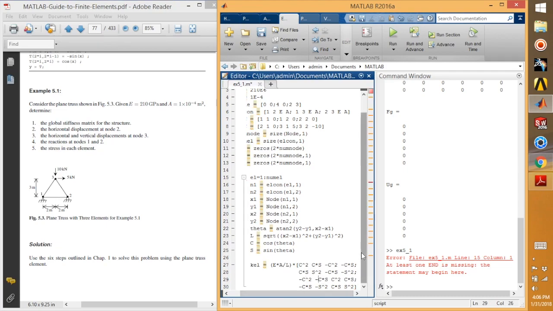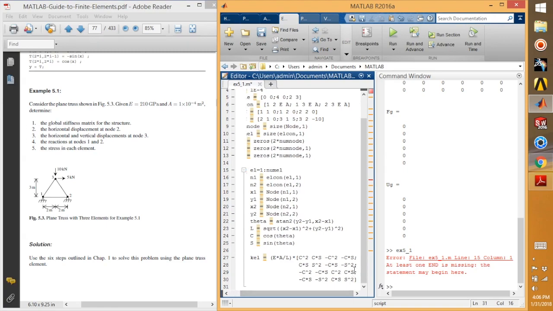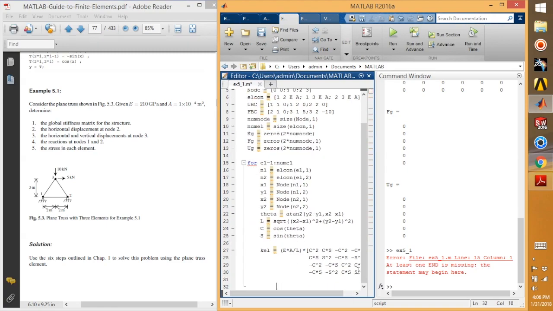Now what we are going to define is K1 for the global stiffness matrix, which is 2 times n1 minus 1, and K2 is 2 times n1.